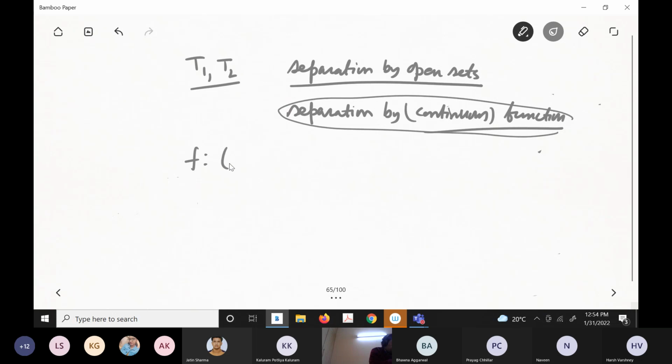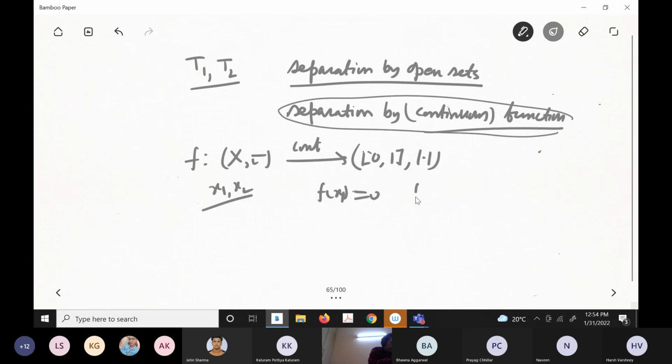Suppose we have a continuous function with the usual topology. And suppose we take two points x1, x2, and suppose f(x1) equal to 0 and f(x2) equal to 1. Then what does it imply?